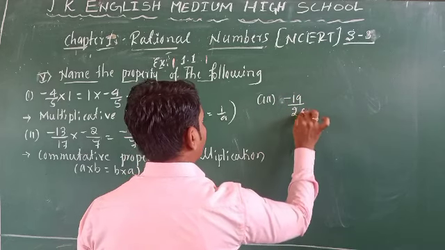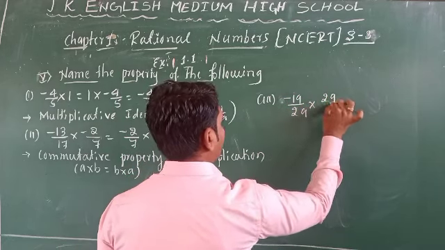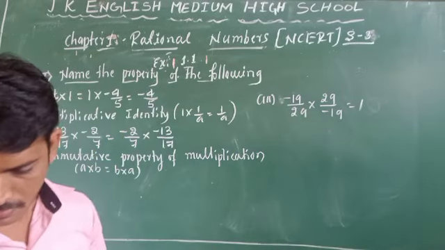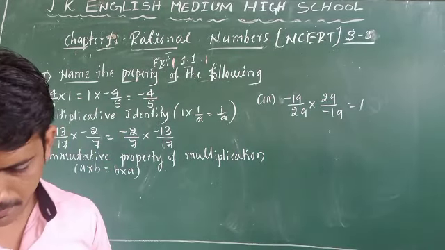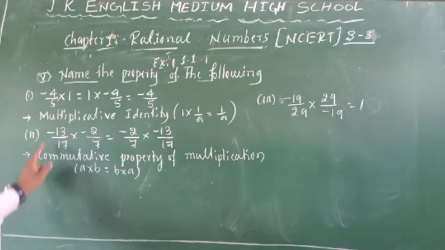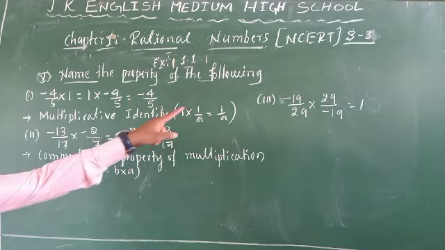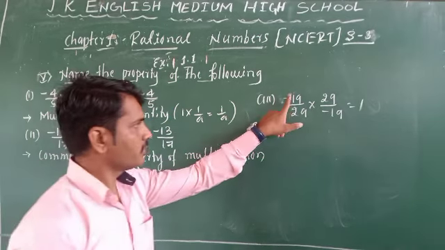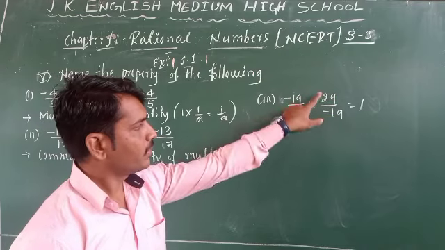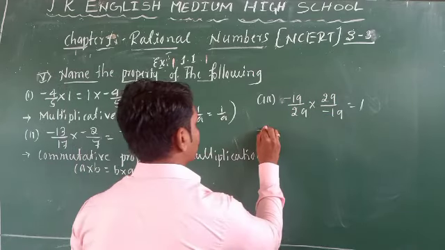Minus 19 by 29 into 29 by minus 19 is equal to 1. Okay. What is this, sir? Which inverse? The multiplicative inverse is there. In this question 19 by 29 is there. He has taken the inverse, 29 by minus 19. What is your answer?